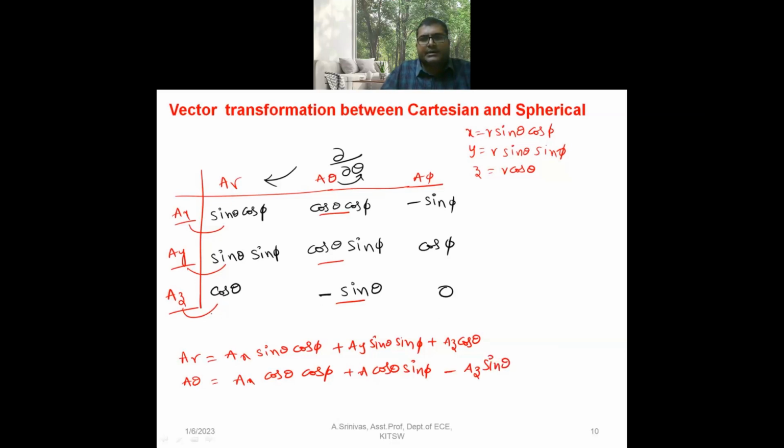Likewise, you can write the value of Aφ also. For Aφ, you can follow Ax minus sin φ, Ay cos φ, Az 0.